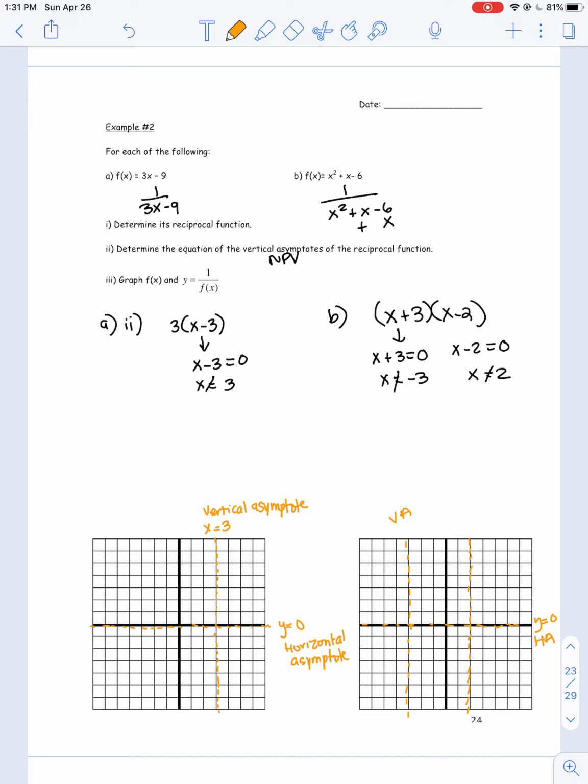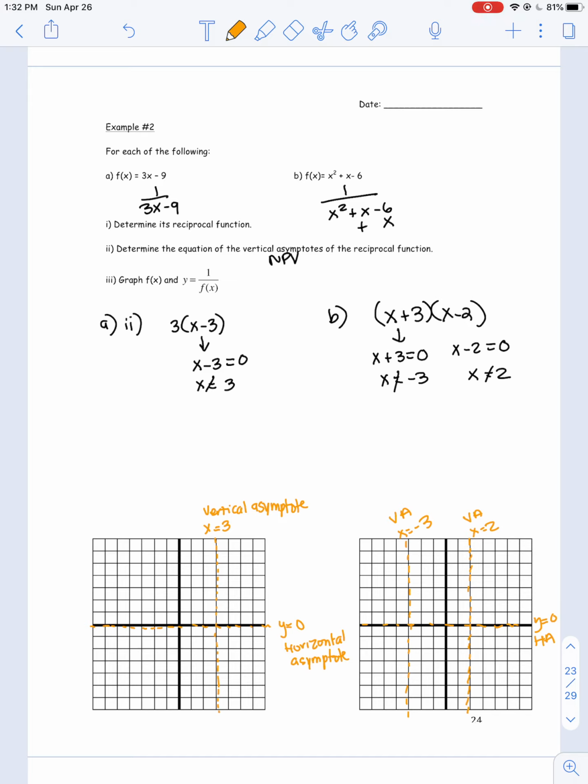Just put HA because I don't have really any space, and VA, vertical asymptote, x equals -3, and vertical asymptote at x equals 2. Okay, so these dotted lines in these cases mean that the graph's going to get close but not go through those points. So it's going to get very close to them but not go through them.